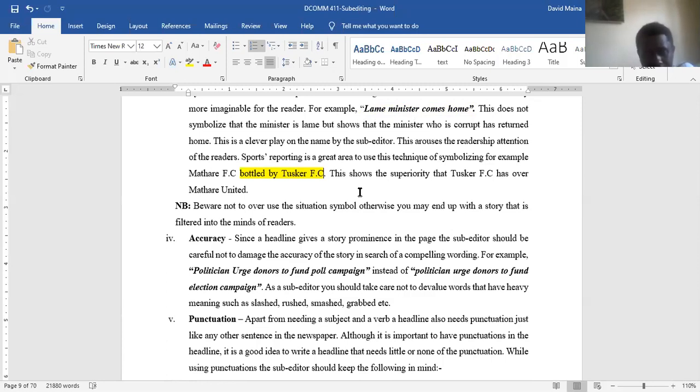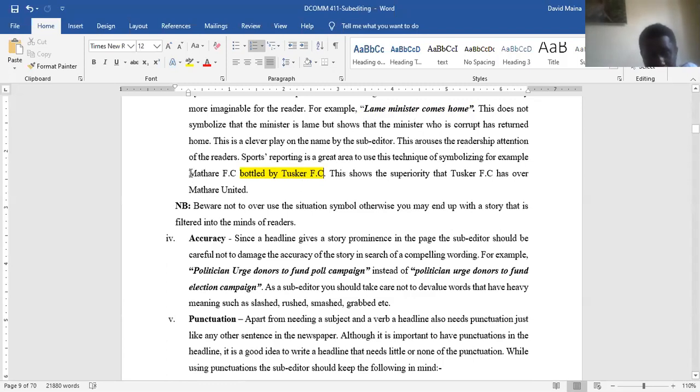Let's put it the other way around. No, the way I have explained, it is Tusker who won. Yes, it's supposed to be Tusker. It shows the superiority that Tusker FC has over Mathare United. Yeah, it is Tusker that has won.